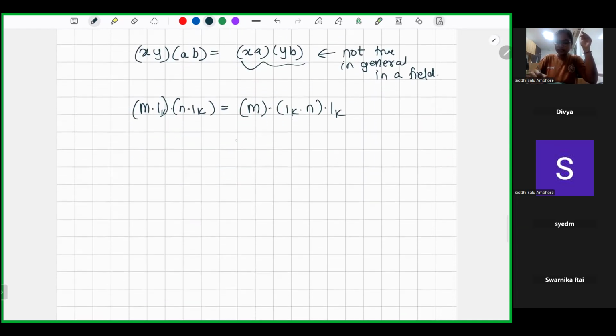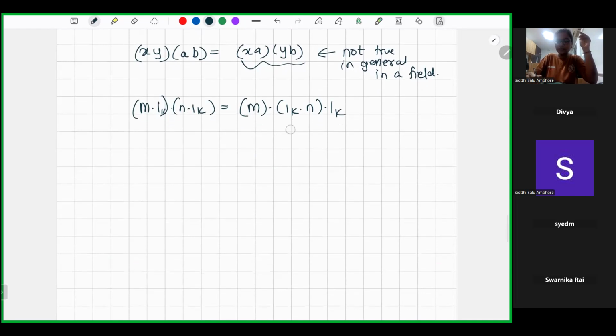So I'm doing this, and since this is a multiplicative element, whatever the field, whether it is abelian or not, in general for any field the multiplicative identity commutes with every element of that field. So when I'm writing this, m1k will be equal to 1km.